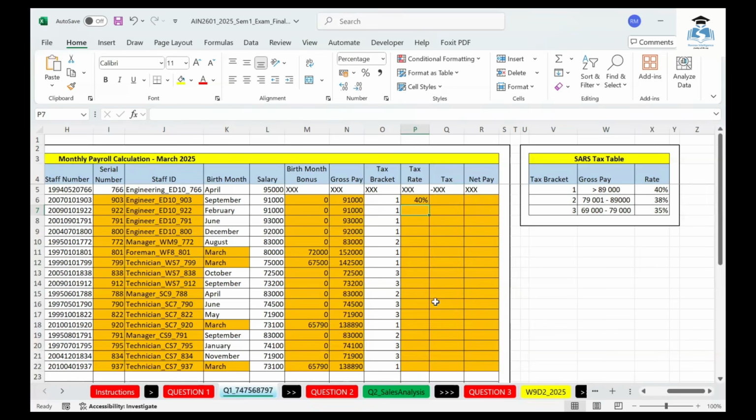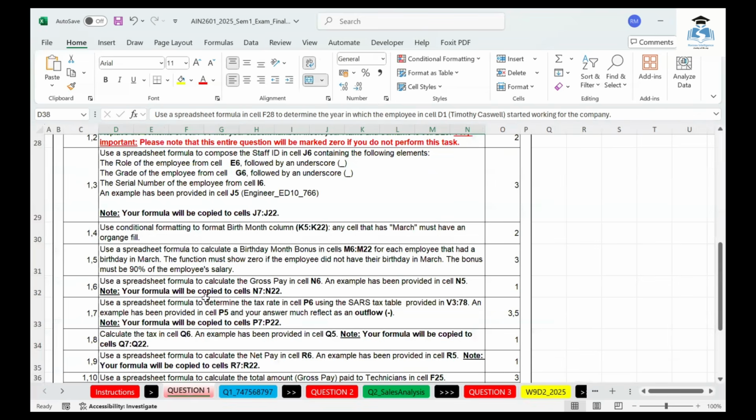Now, what is it that we were told to do? Use a spreadsheet formula to determine the tax rate in cell P6 using the SARS tax table provided. All right, yeah, that's it.